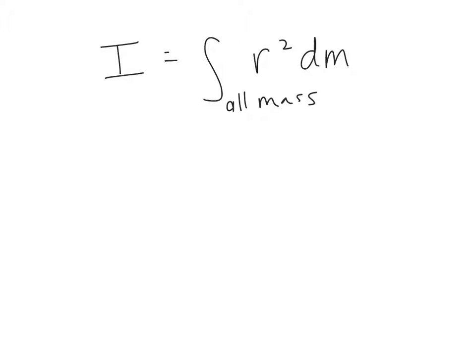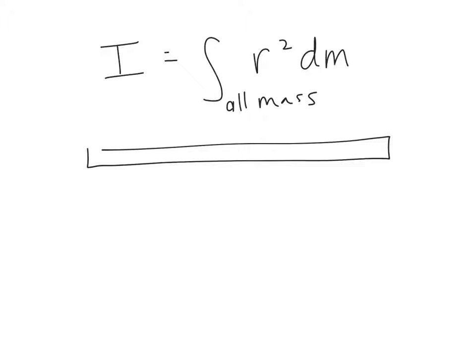So, reminder that the moment of inertia definition is the integral of r squared times dm over the entire mass of the object. And another reminder that if I do have this thin rod that I've divided up into tiny little pieces, this piece would have a certain mass and it would have a certain length, and the entire rod would have a certain mass m and a certain length l.